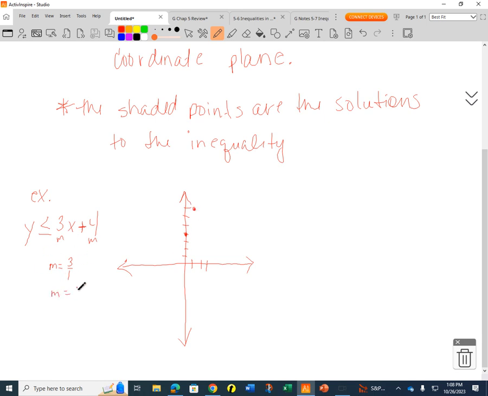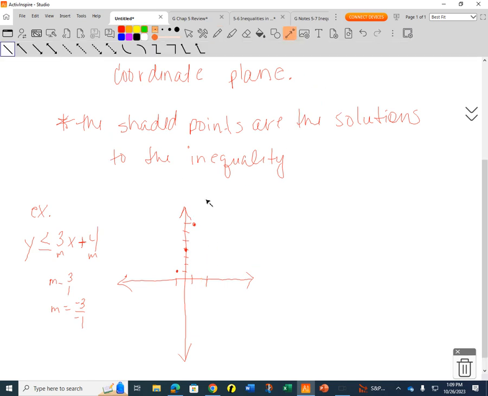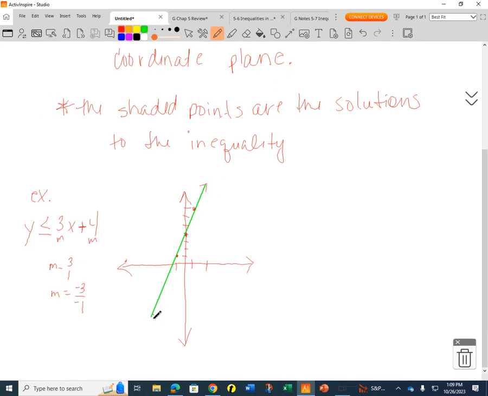Remember, 3 over 1 is equal to negative 3 over negative 1, right? So now I'm going to go down 3, 1, 2, 3, and to the left 1. And now I'm going to draw my line. Remember, our line needs to extend all the way through the coordinate plane. So that is the graphing of an equation.